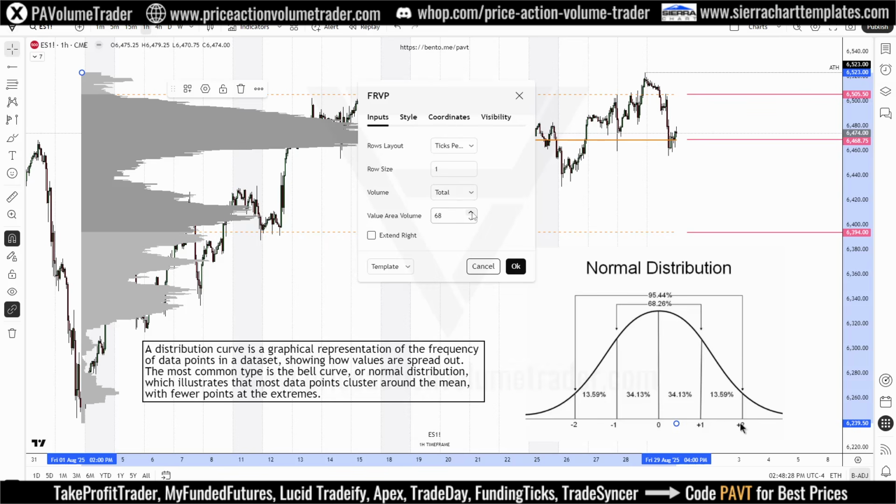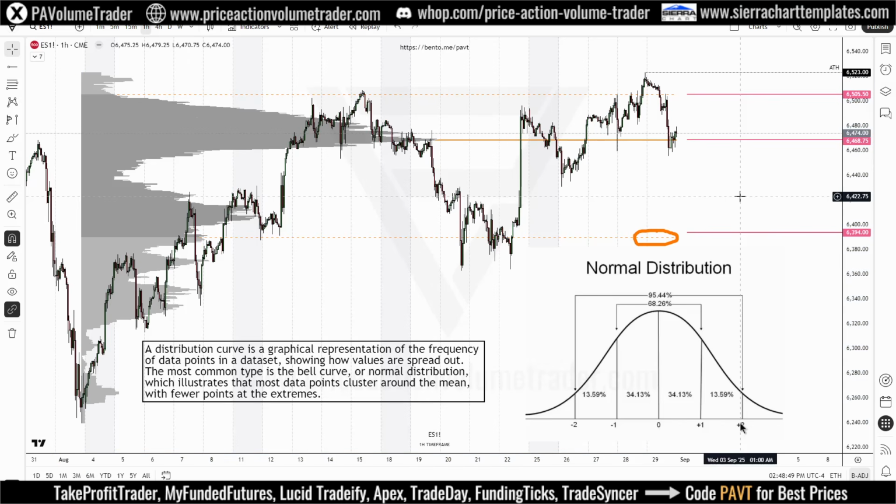If I bring this up to 70, which is the default on most trading platforms, you can actually see the only thing that shifted was the value area low. If I go back, you can see value area high, point of control stay the same, only value area low varies.